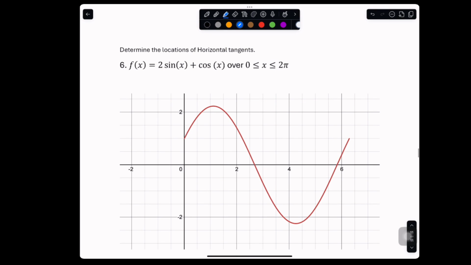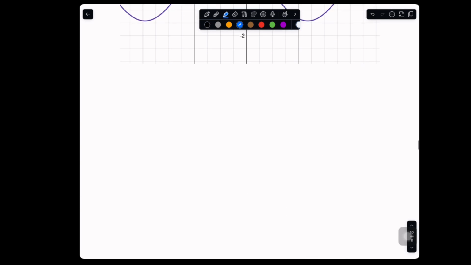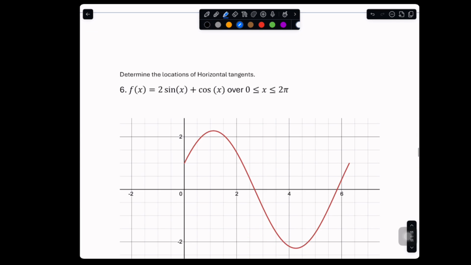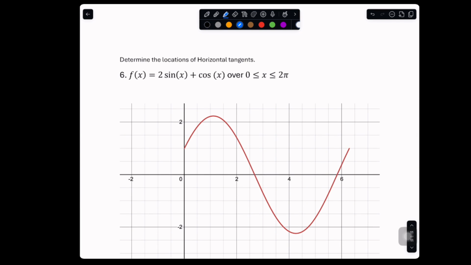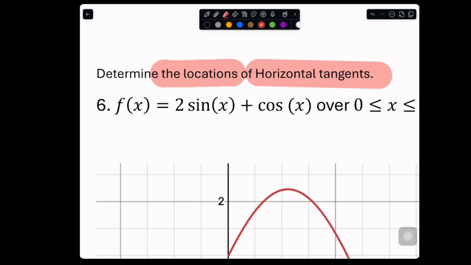I want to start talking about number 6 here. I'll probably send you later on today, oh, how do we do number 5, like I usually do. But I want to talk about this one here, because what are they doing now? They transitioned here. What are they going to say? Determine the location of horizontal tangents for this curve right here.